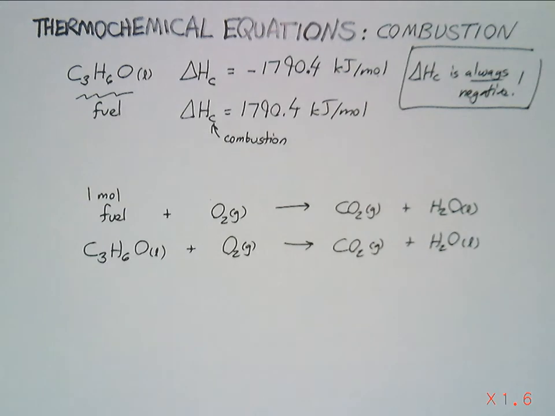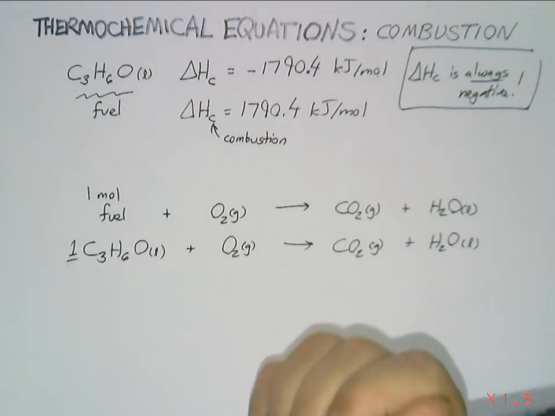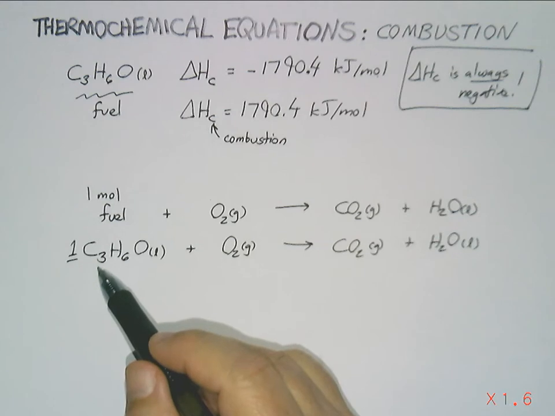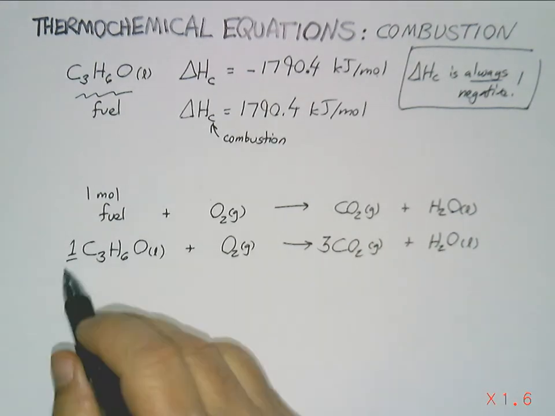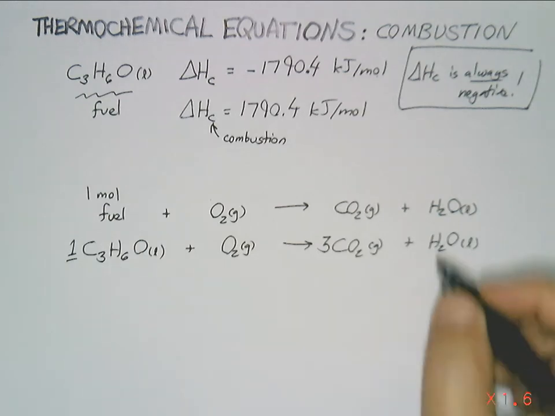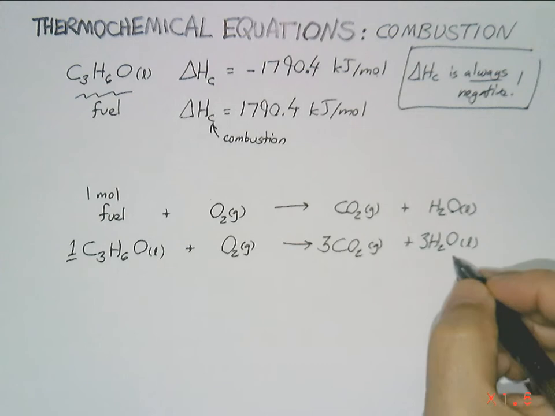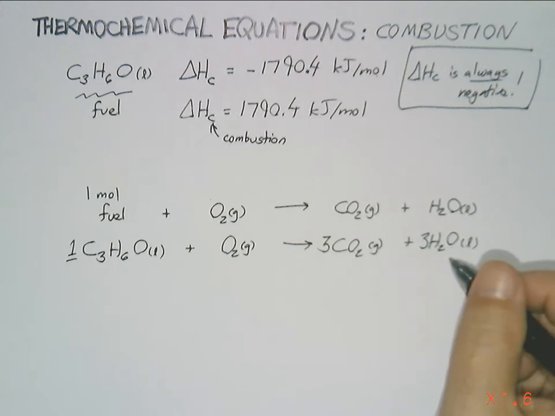All right, it's not balanced. We have to have a 1 in front of this. That's the rule. So when I put a 1 in front of that, there's 3 carbons on this side. So I can fix it up by putting a 3 there. When I put a 1 here, there are 6 hydrogens on this side. So I can put a 3 there, right? And that'll make 6. Now I've got this side all nailed down.